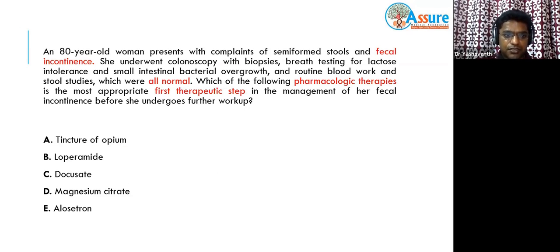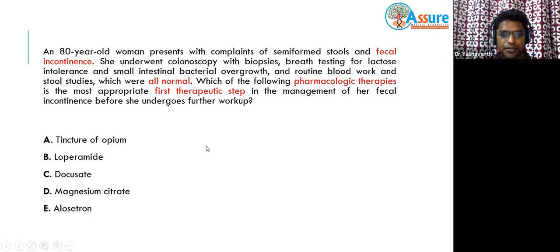So the next question is an 80-year-old woman presenting with complaints of semi-formed stools with fecal incontinence, underwent colonoscopy with biopsies, every evaluation was negative, and which of the following pharmacological therapies as a first therapeutic step? So this is a patient with incontinence without any structural damage and no diarrhea.